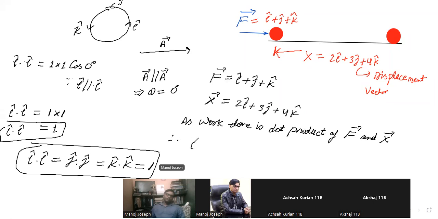So therefore, the work, which is a scalar quantity, will be the dot product of given force with the given displacement.